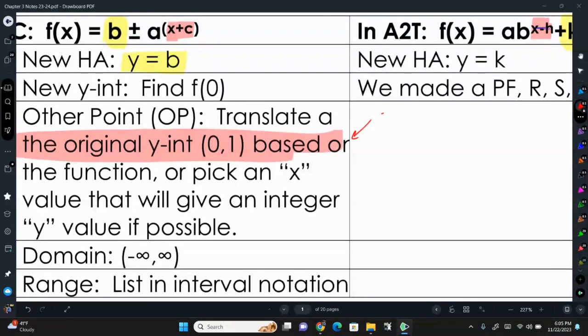So you can only do this if translating left or right. And you'll see in our examples a situation like that.